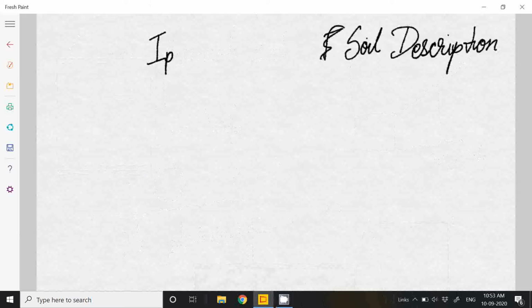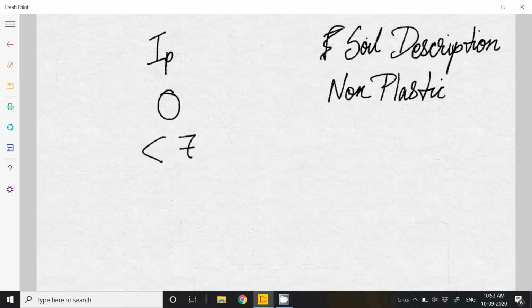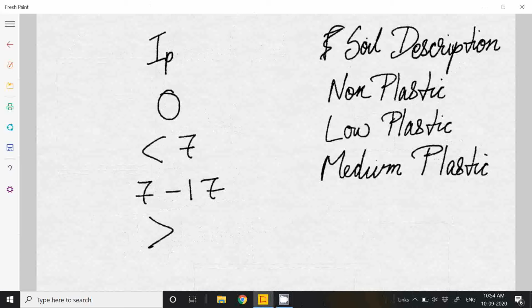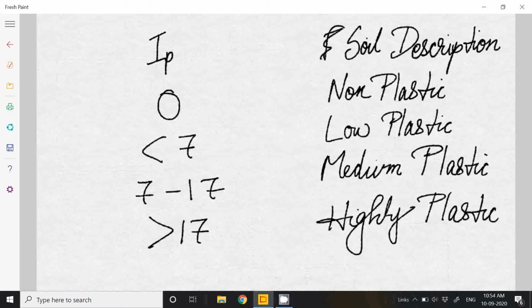If plasticity index is 0, obviously it is non-plastic; less than 7, low plastic; if it is 7 to 17, then it is medium plastic; greater than 17, highly plastic. So you have to please remember these.